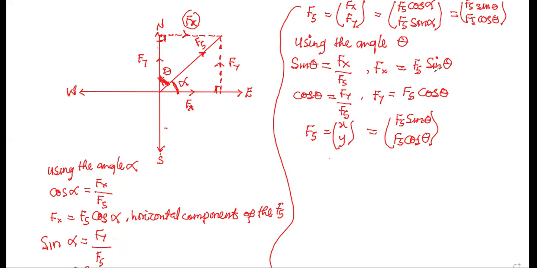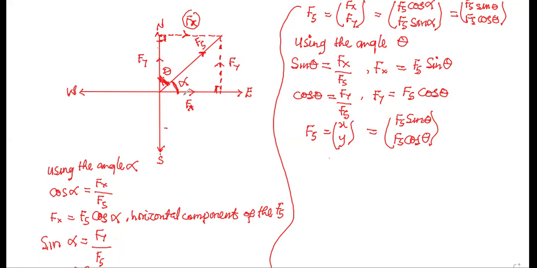So the rule is that if you are using the angle the vector makes with the x-axis, the x and y components become cos, sine.